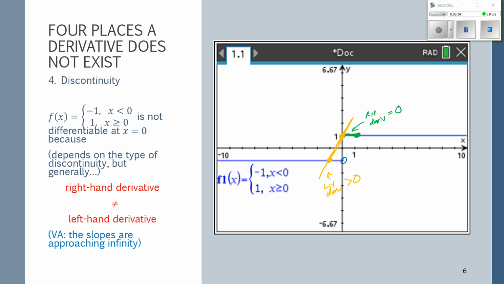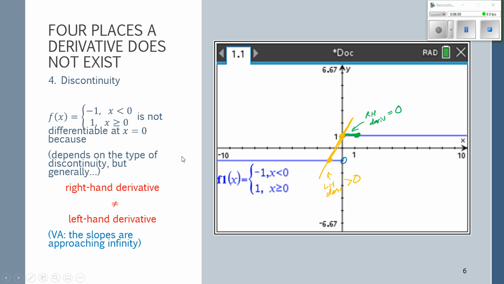And this tends to be the issue pretty much with all of our discontinuities. One exception is some vertical asymptotes. You can get away with saying, well, my slopes are approaching infinity, just because it's like a vertical tangent in that the closer you're getting, the more vertical your tangents are getting.